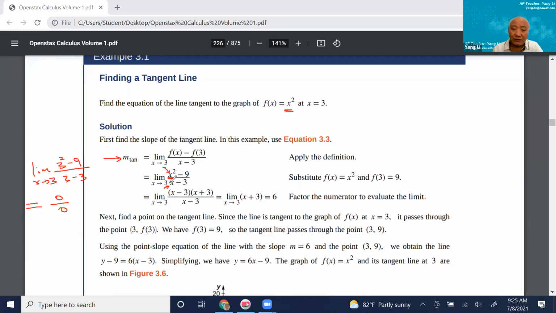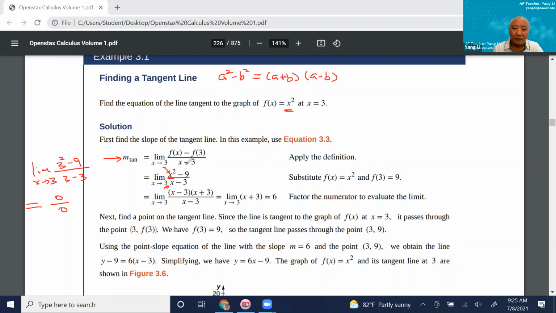But fortunately, this function is removable because they're using what? The formula we call a squared minus b squared equals a plus b and a minus b, like this.